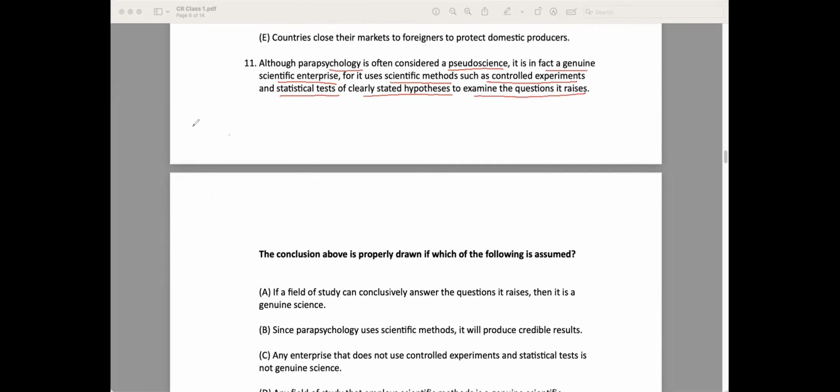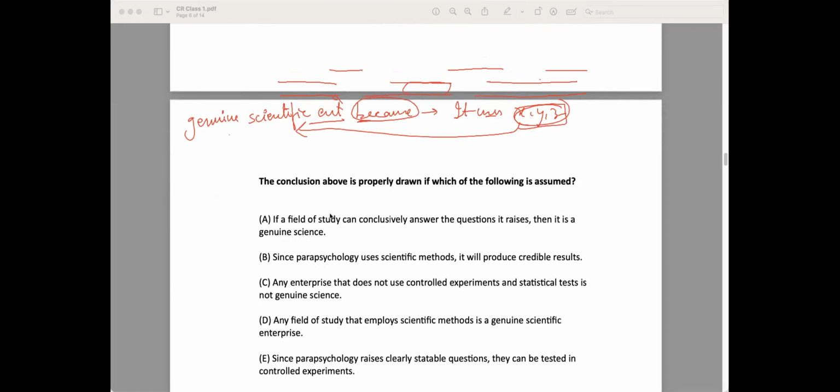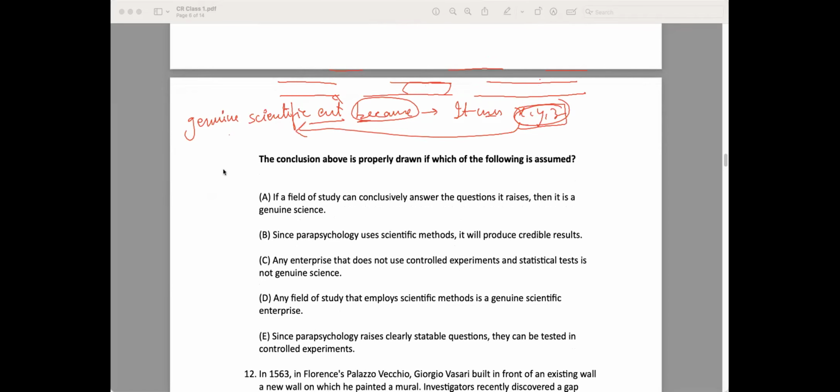Okay, so we are saying it's a genuine scientific enterprise, because the reason given is it uses X, Y, Z: controlled experiments, statistical tests and hypotheses, those kinds of things. That's why we are calling it a genuine scientific enterprise. And this question can be very easy after this, just by looking at this reasoning and the conclusion.